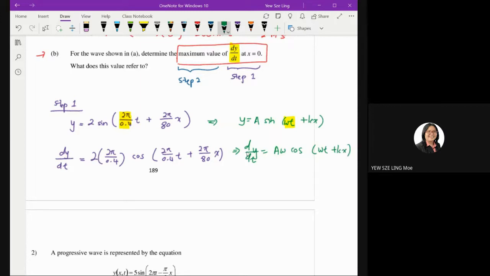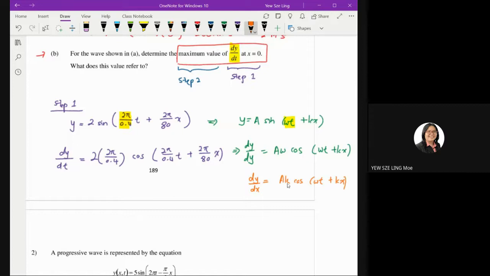Now, if the question asks you to differentiate with respect to distance, dy over dx, then you obtain a, and you differentiate kx. So it becomes ak cos (omega t plus kx).